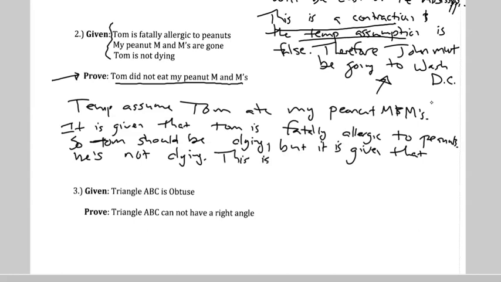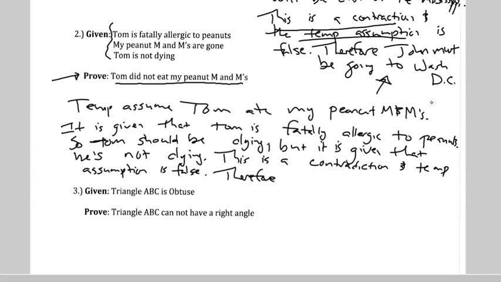This is a contradiction, and the temporary assumption is false. Therefore, it's true. Tom didn't eat my peanut M&Ms.